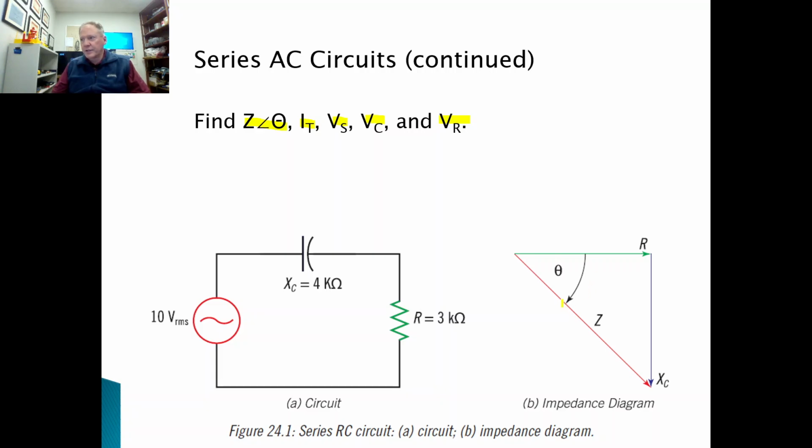So the square root, Z, is always going to be 5, right? The hypotenuse will always be 5. So if you see that, you don't even have to calculate it. So we know that Z is going to be 5 kilo ohms, but we do need to calculate the theta.